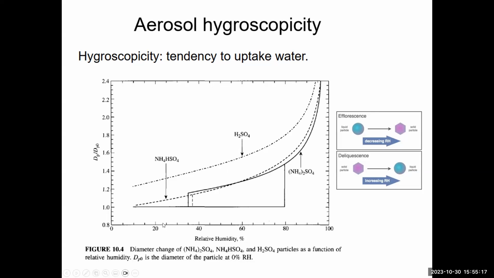Another thing I want to point out is that this is an equilibrium process, which means that when you set the RH to 90%, then the ammonium sulfate particle size is just going to be around 1.5 of the initial size. It's not going to grow or shrink as long as you fix the RH at 90%. This is 85%, so this is deliquescence or efflorescence.